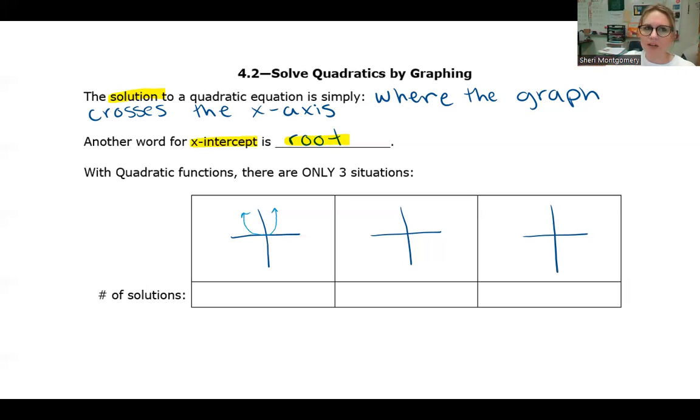It could be shifted down and over to the side. It doesn't really matter. So here's another situation. And here's another situation. And this all applies if you're flipped upside down. You could flip all of those same graphs upside down.